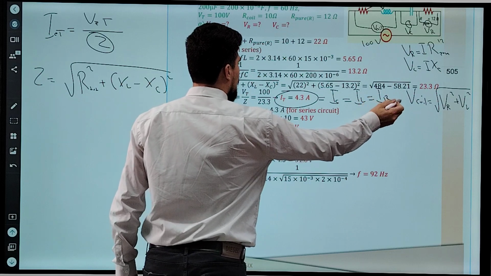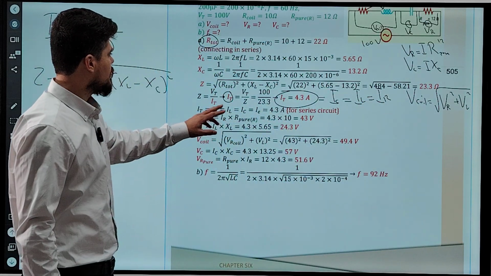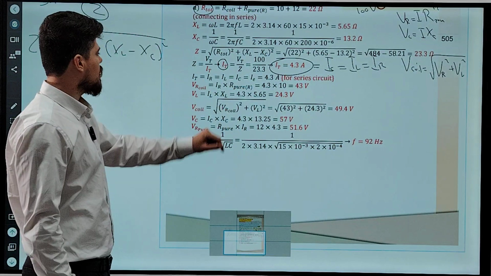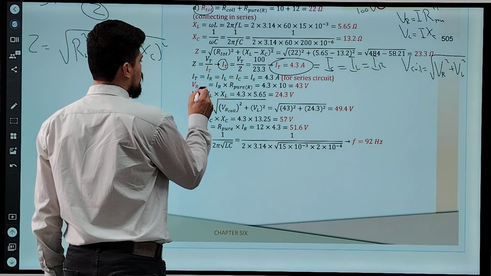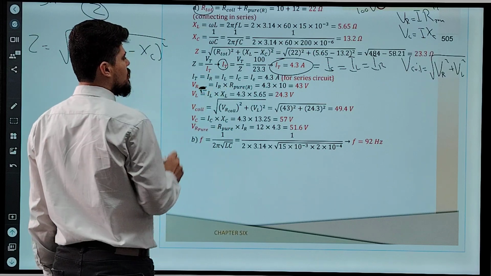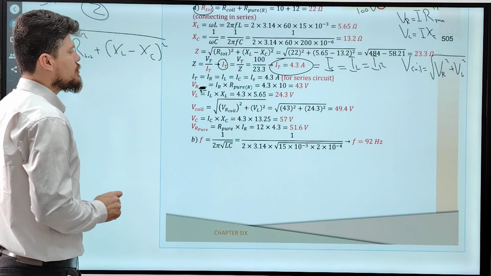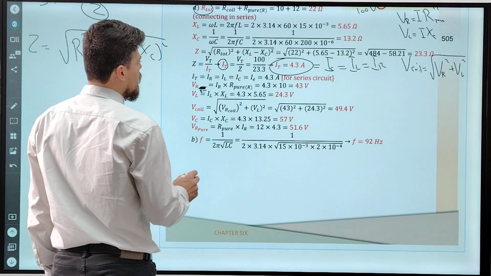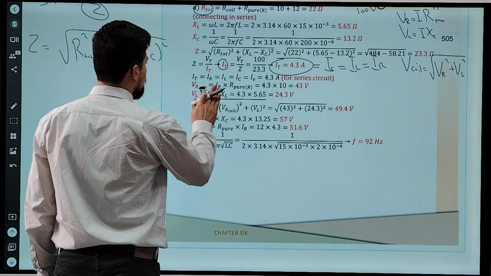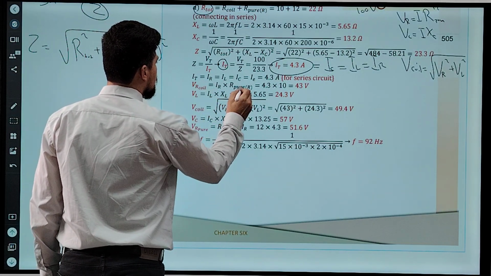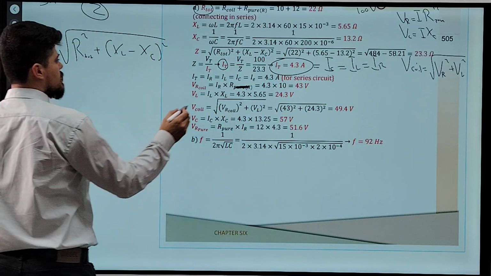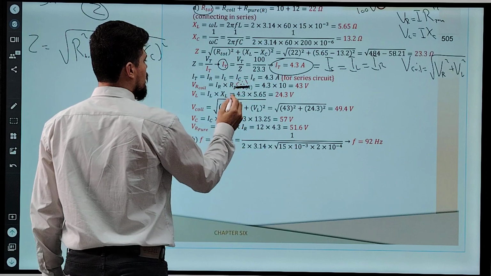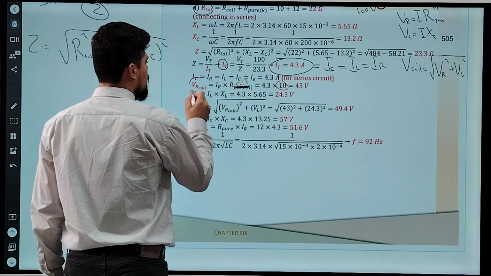For a series connection, VR of the pure resistor is equal to IR times the pure resistance. Okay, this is the coil, and this is not pure, this is wrong. This is R coil. R coil was given 10.